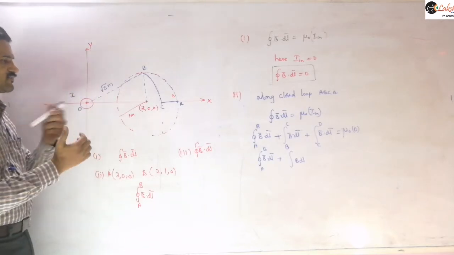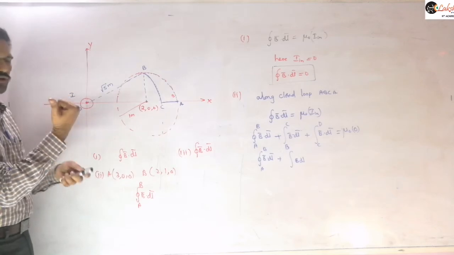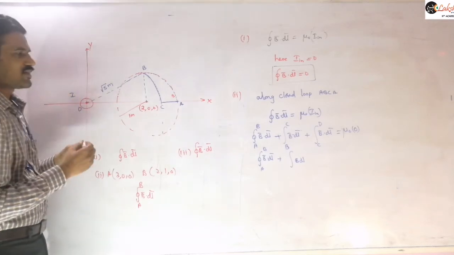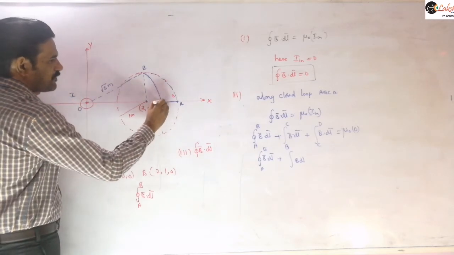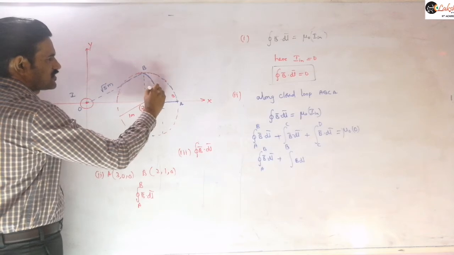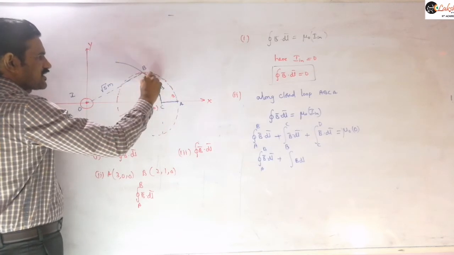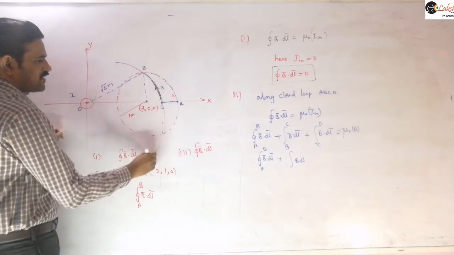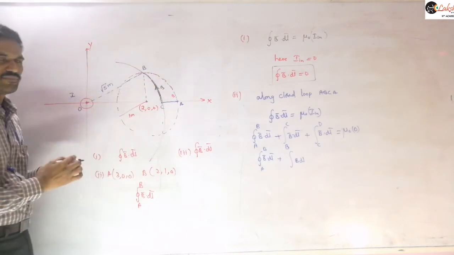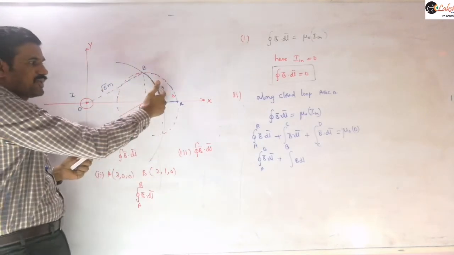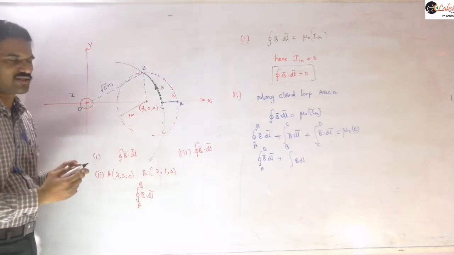The current is flowing out of the plane, which means the magnetic field lines will be like this. So the magnetic field will be along this direction, tangential to this circle. If you consider this circle, the magnetic field line will be like this. This is B, the magnetic field line I am representing.